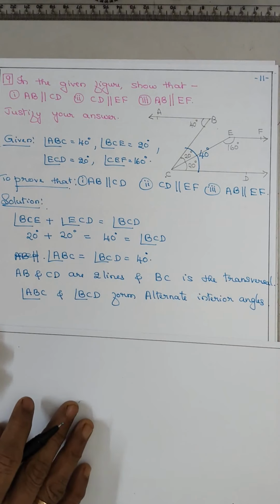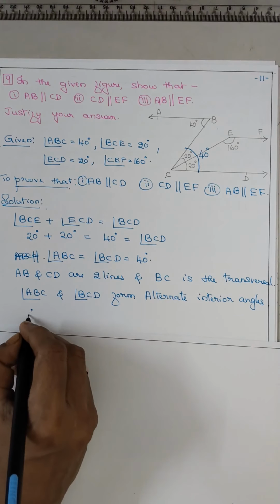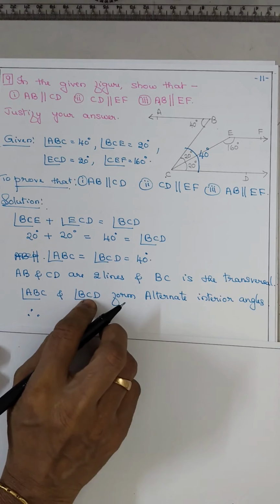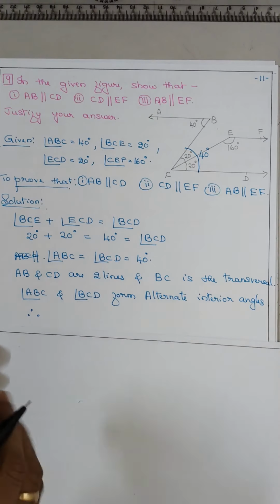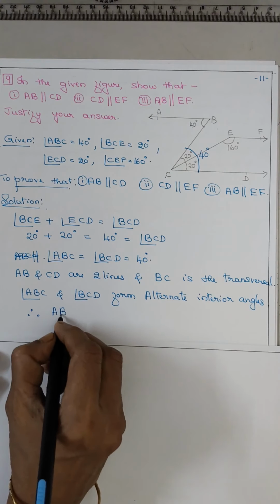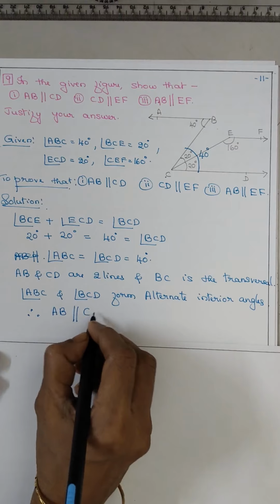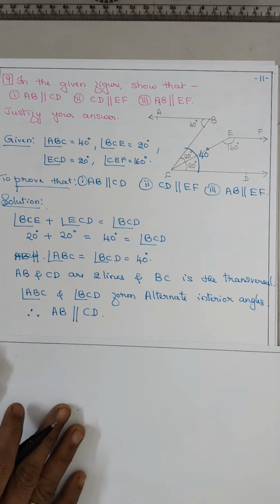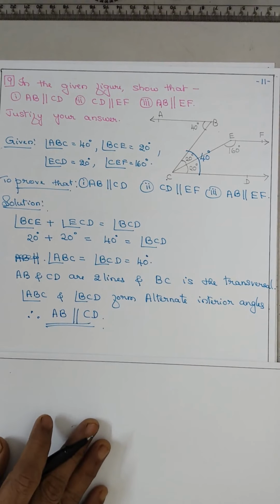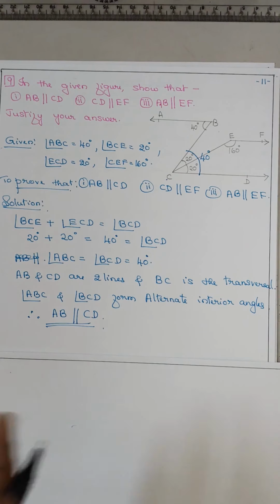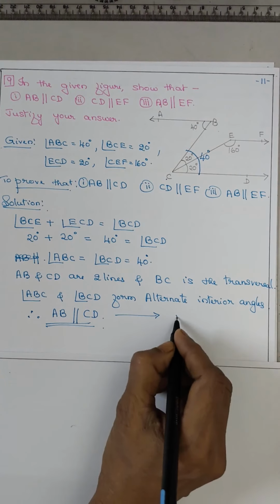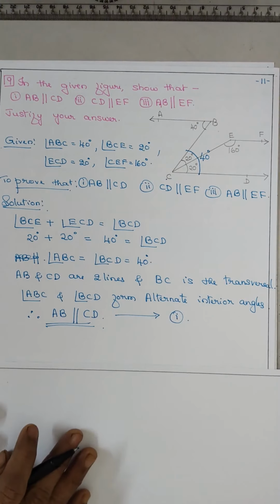They are equal. So therefore it is given they are equal. So angle ABC and BCD, they are equal when AB is parallel to CD. When the alternate interior angles are equal, then the two lines are parallel. So you got first proved.